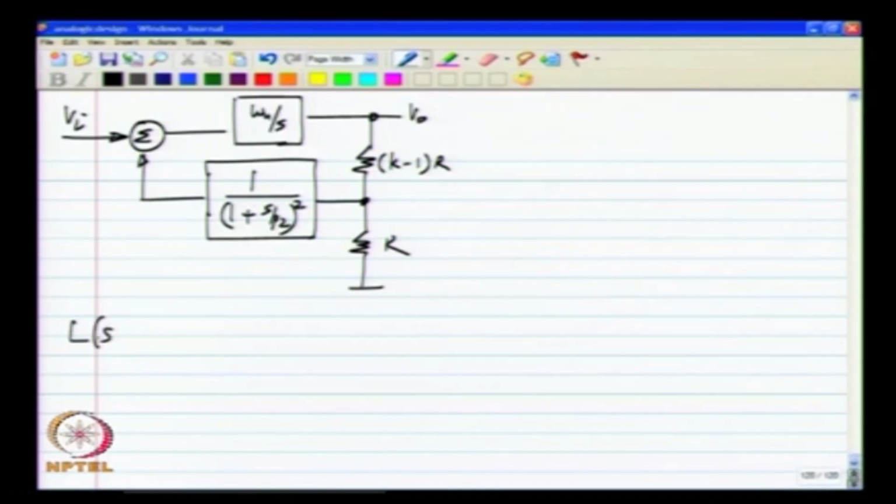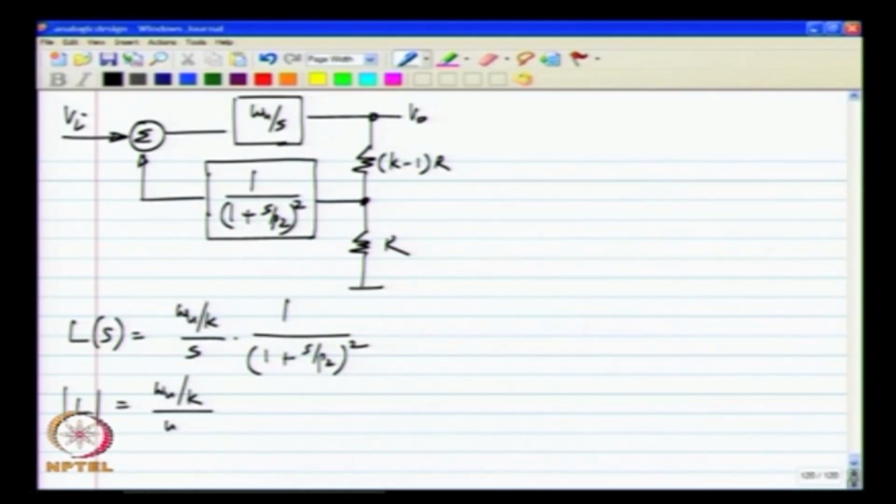And the loop gain is that one. Okay. So, it is obvious that the magnitude of L keeps on decreasing with omega. The magnitude of L is omega u by k divided by omega, times 1 plus omega by P2 squared. Okay.